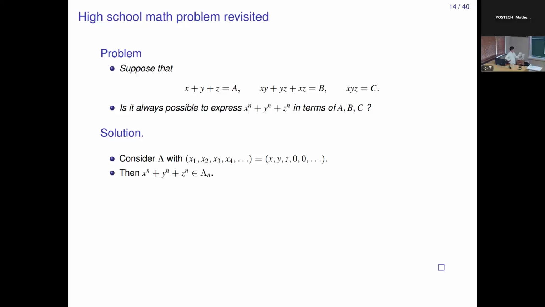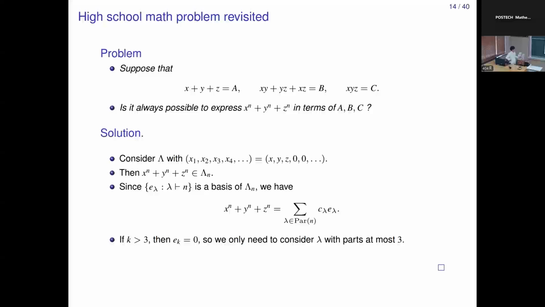And because this is a basis, this must be written as a linear sum of e lambda for all partitions lambda. But this means e lambda 1 times e lambda 2 times and so on. But if k is greater than 3, we know that the kth elementary symmetric function is 0 because you cannot choose more than 3 variables.